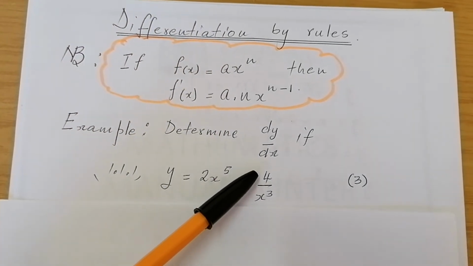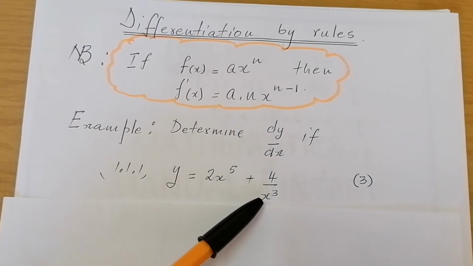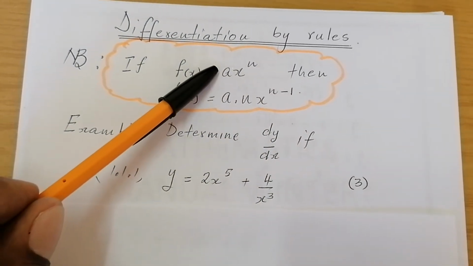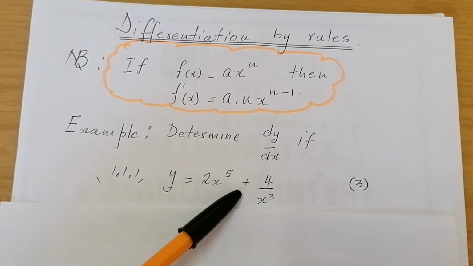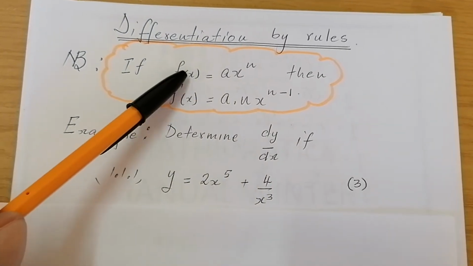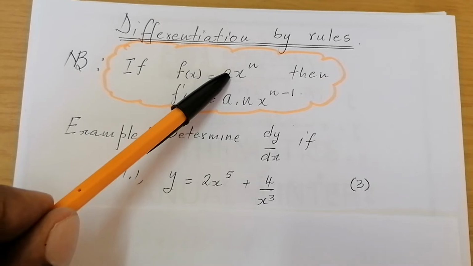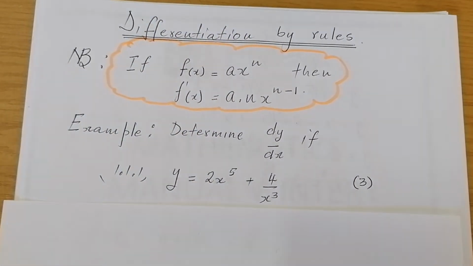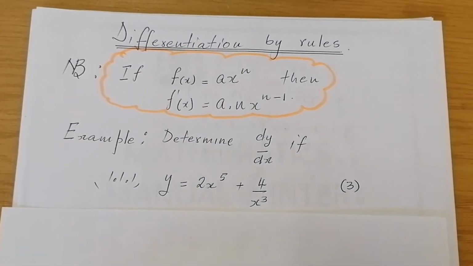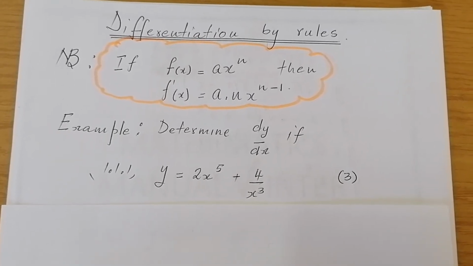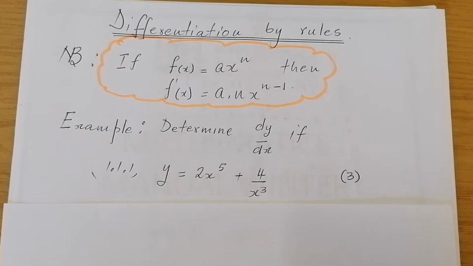But can you see that 4 divided by x to power 3 is not in that form? That means we cannot, according to that, differentiate this one. This must be written in that form. Now, let's move on to the solutions.